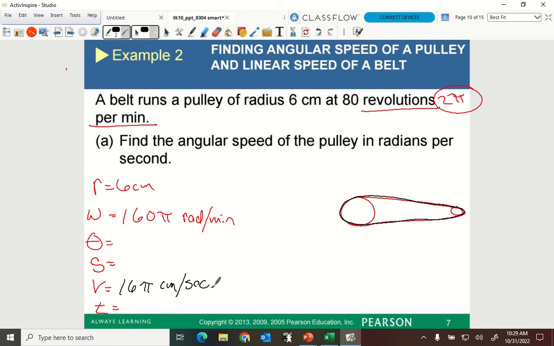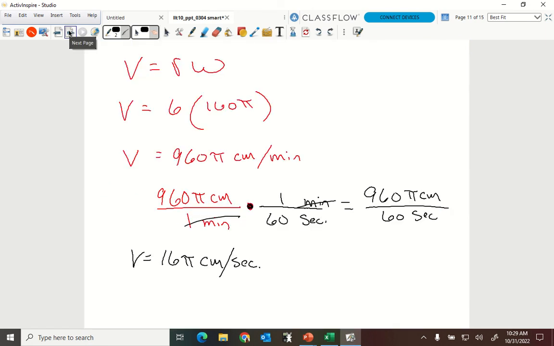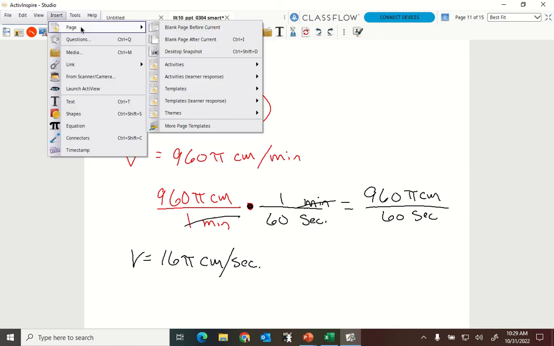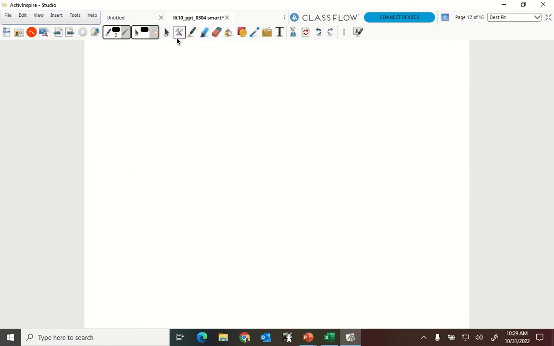I want you to do those steps, using the same steps that we just did.